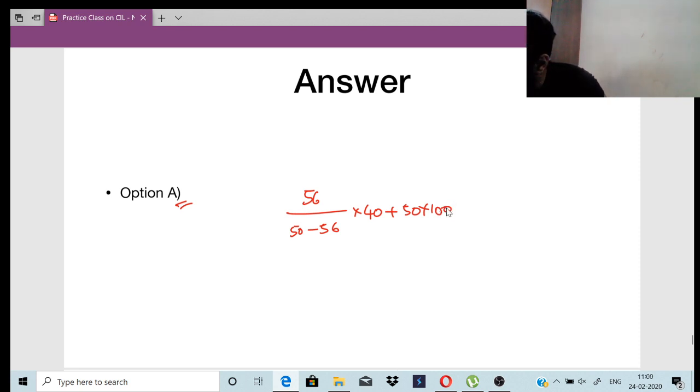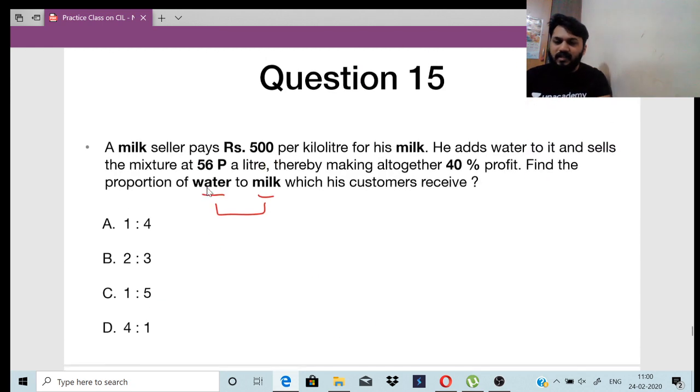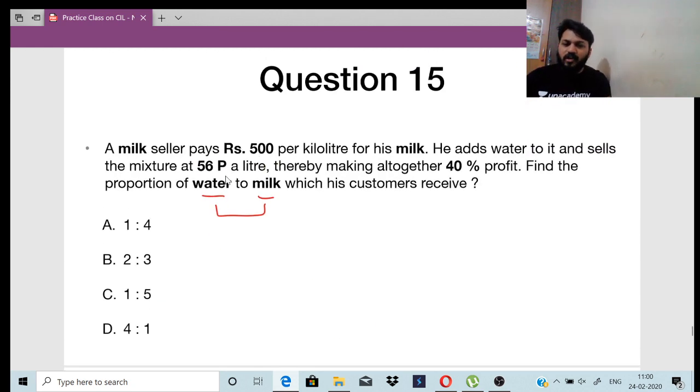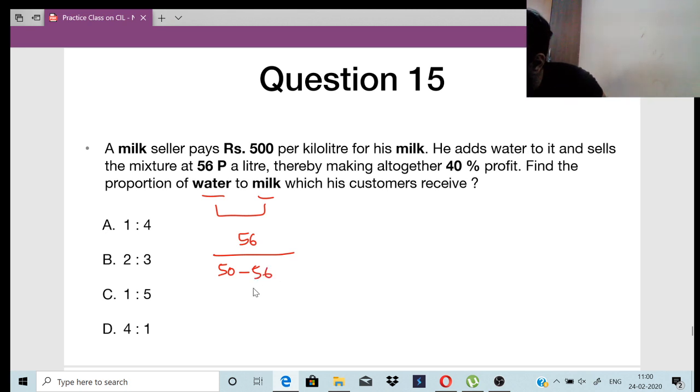So it is option A. As clear as that. 500 per kiloliter, 56p, so it is 56 divided by 50 minus 56 plus 40 into 50 by 100.